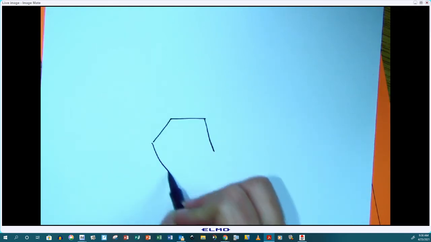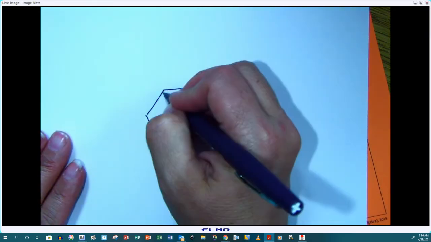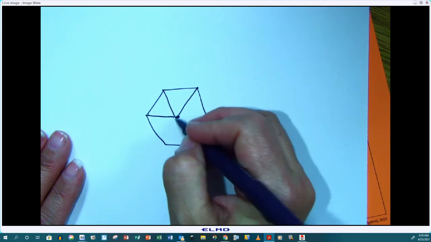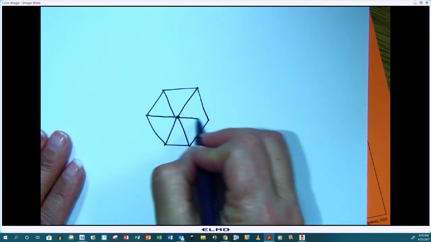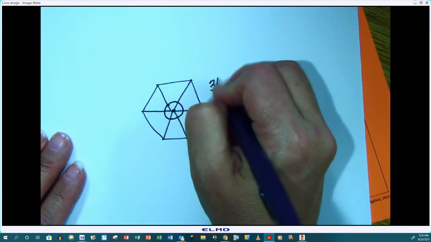Okay, so let's just say, for example, all right, if I go to the center of this hexagon, and this works on any polygon, okay? If I were to draw all of my radius, I know that all of these angles together are 360 degrees.